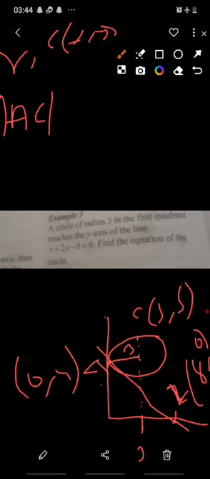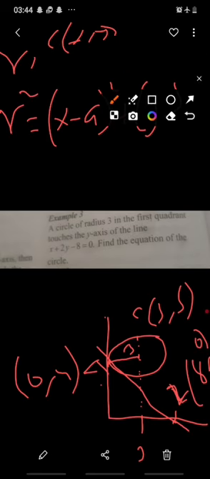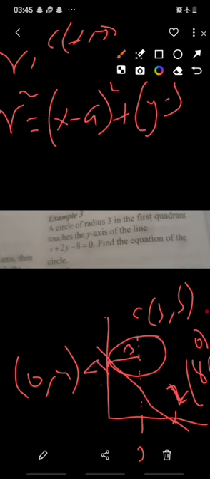From our knowledge, r squared = (x - a) squared + (y - b) squared. This is the standard equation of a circle.